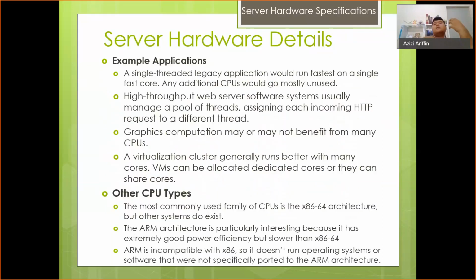Okay, and in order for our application to fully use multi-core CPUs, our application must support multi-threading and multi-core CPUs, right? So the way the programmer writes the code of the application, it must be multi-threaded and support multi-core CPUs.